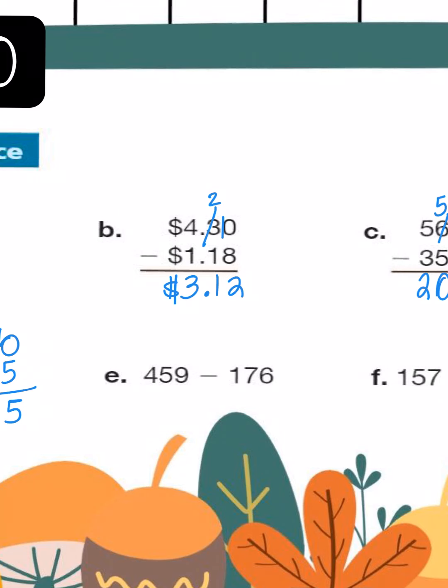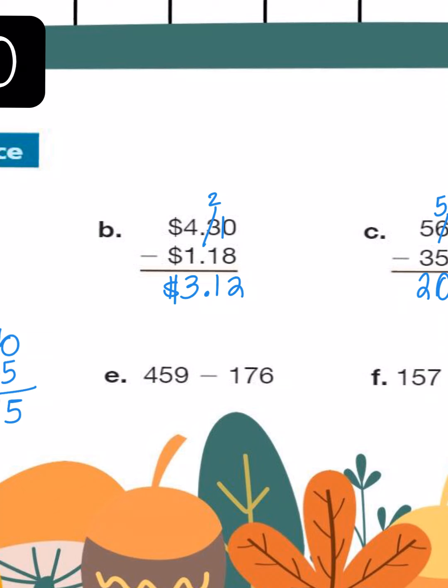Okay. Can't do 3 minus 6, so you borrow from the 2 and make it 13. Good. And then you subtract 13 minus 6, which is 7. And then you subtract 1 minus 0, which is 1. Perfect. Thank you. Great job.